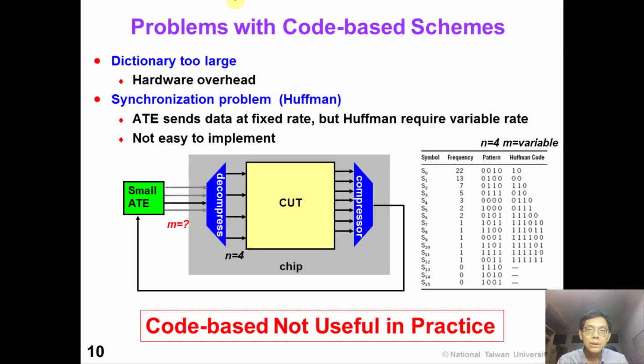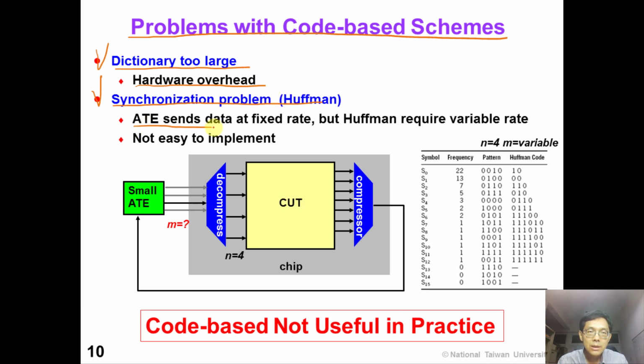So in summary, we introduced the code-based compression schemes, but this scheme has many problems. First of all, the dictionary technique requires a very large area overhead to store the dictionary, which is not a very good solution. The Huffman technique requires synchronization among ATE and the CUT.